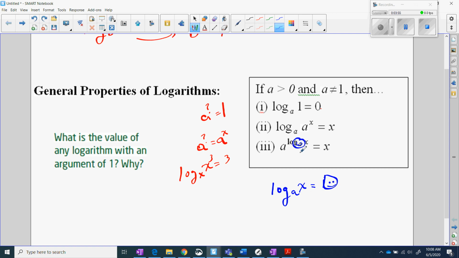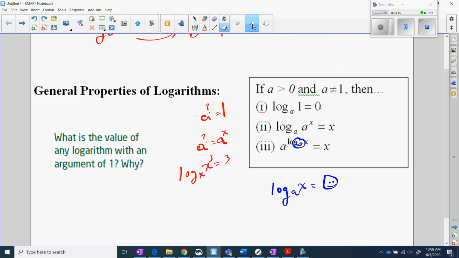So underneath my happy face is the log of x to base a, which this is. So just switching notations from exponential to logarithmic verifies that this exponent here, the argument, turns out being this value over here. Again, that one, as I said, it's not quite as popular. So I'm not quite as concerned with that one.